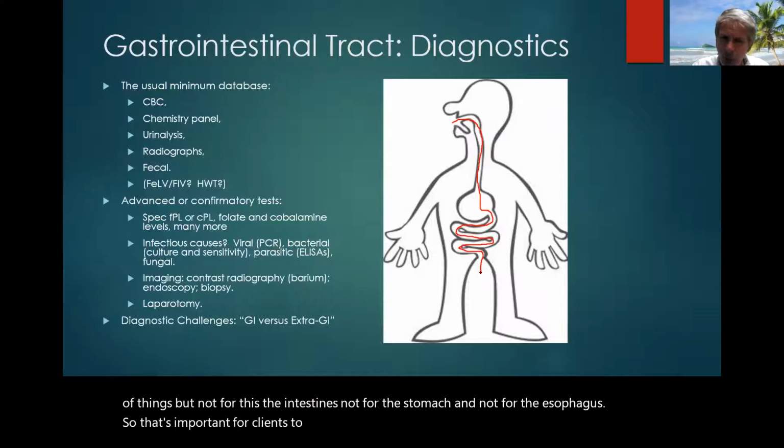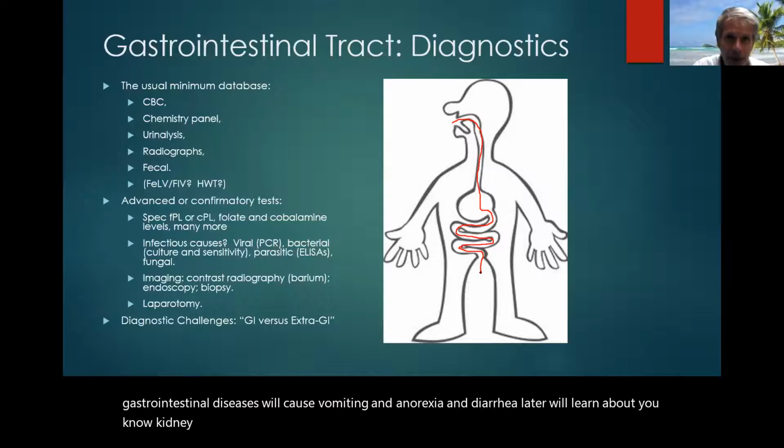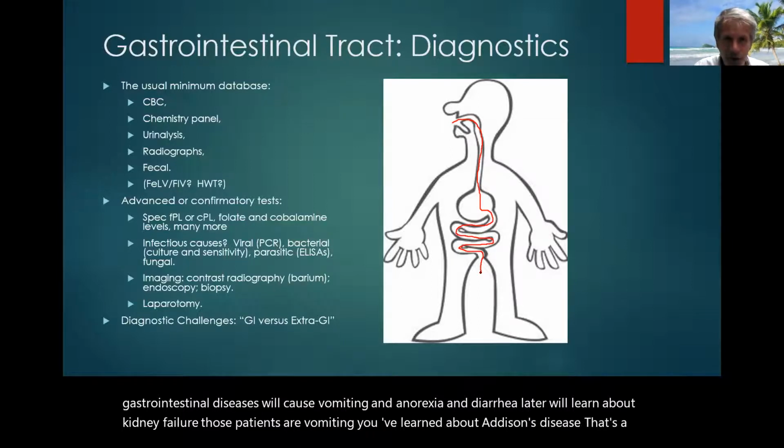It's also important to know that lots and lots of non-gastrointestinal diseases will cause vomiting and anorexia and diarrhea. Later, we'll learn about kidney failure. Those patients are vomiting. You've learned about Addison's disease, hypoadrenocorticism.